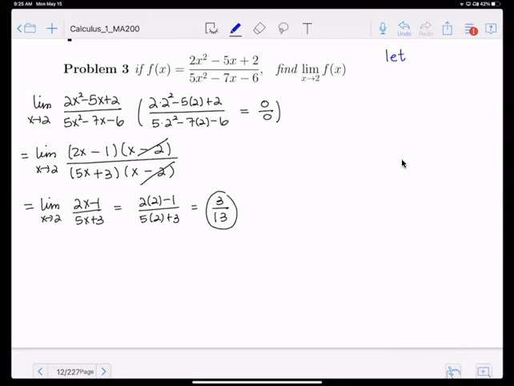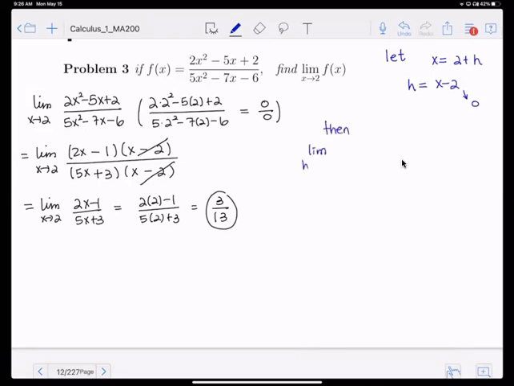Let h go to 0. We say x is 2 plus h, writing it this way. So h is equal to x minus 2. x minus 2 goes to 0 because x approaches 2. Then we write it.